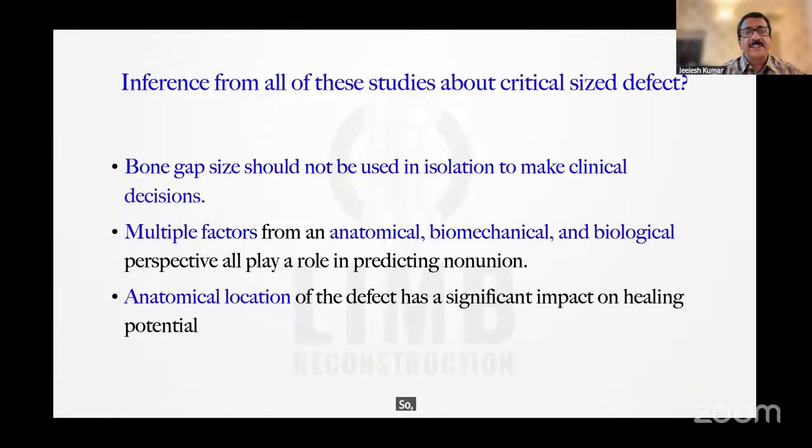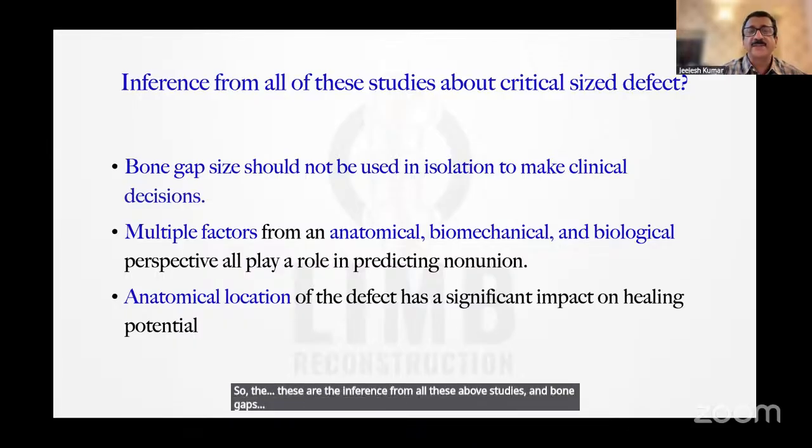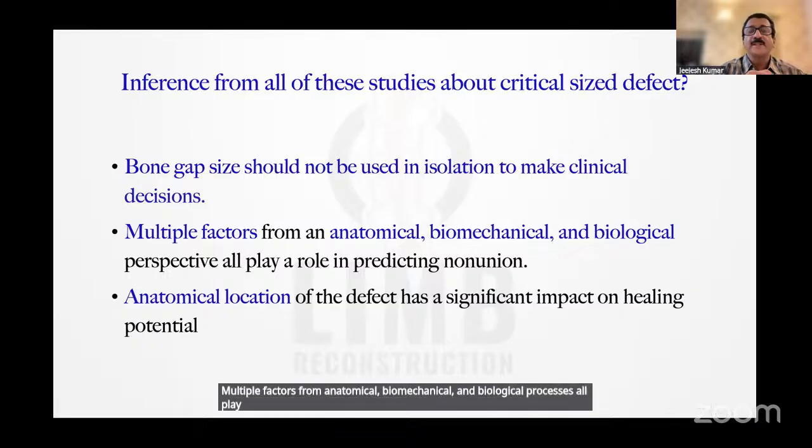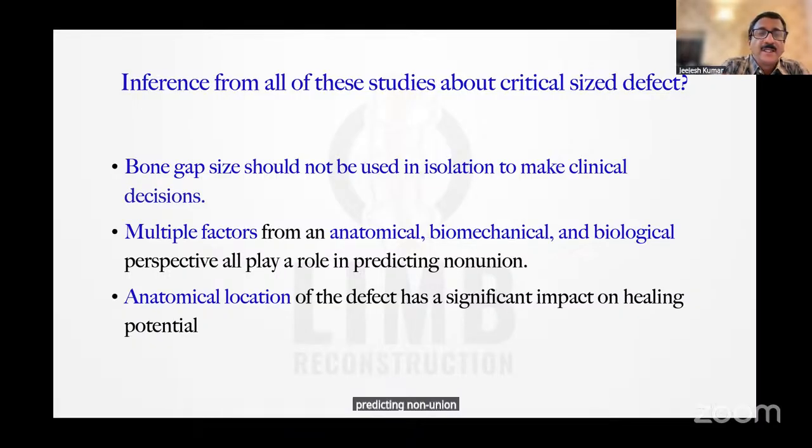So these are the inferences from all the above studies. Bone gap size should not be used in isolation to make clinical decisions. Multiple factors, anatomical, biomechanical, and biological, all play a role in predicting non-union. The anatomical location of the defect has a significant impact on healing potential.